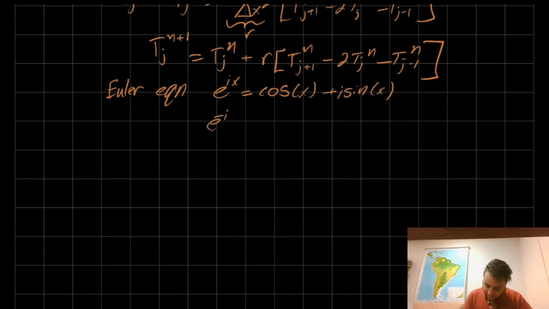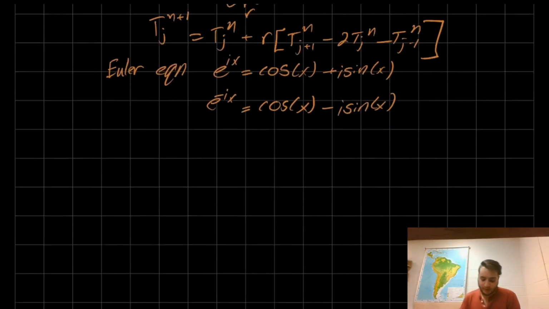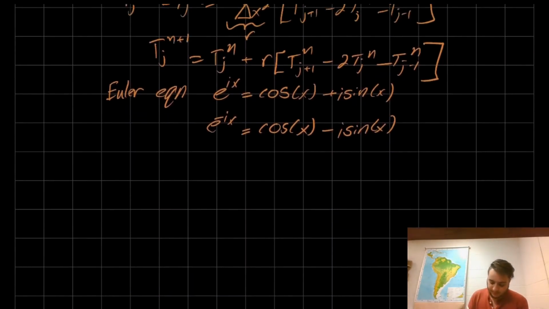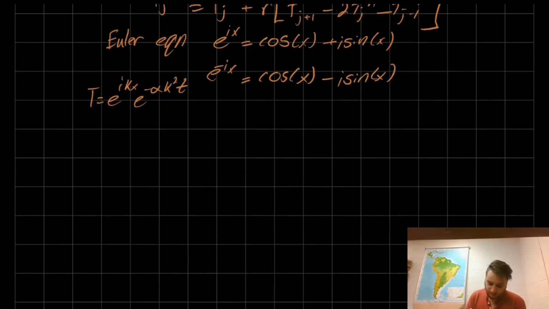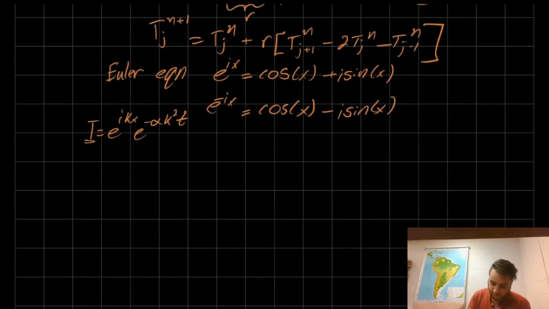Then e to the negative ix is equal to cosine x minus i sine of x. And what we're going to prove in this von Neumann stability analysis is that t is equal to e to the ikx, then e to the negative alpha k squared t. And we're going to plug this in. We're going to prove that we can get to here from there and there from here.